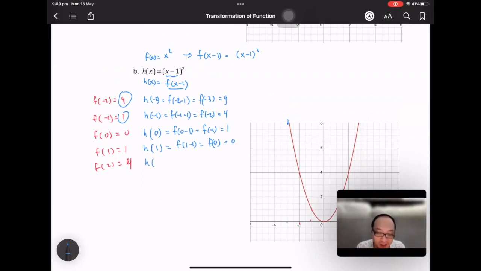And h(2) is f(2 - 1) equals f(1) equals 1.